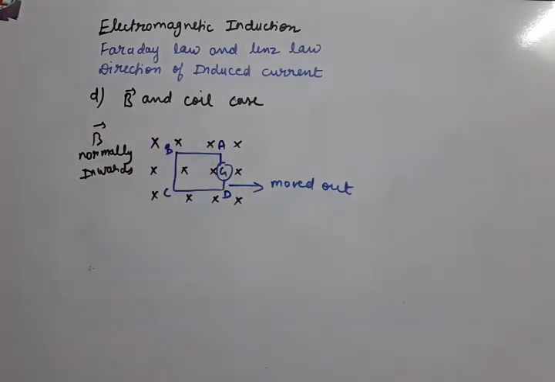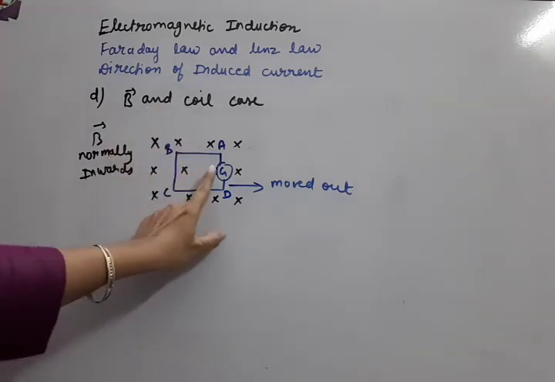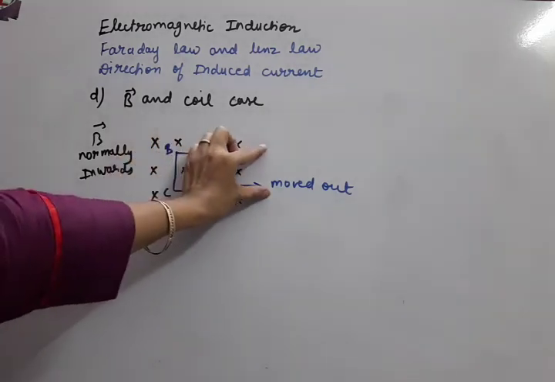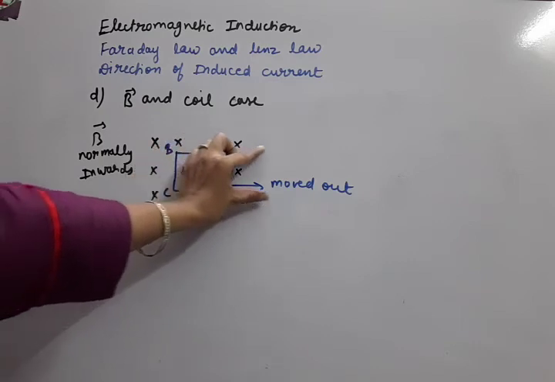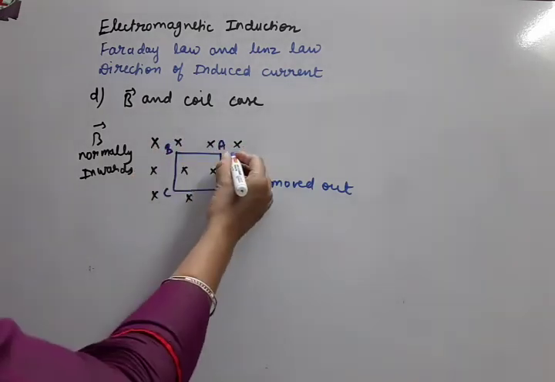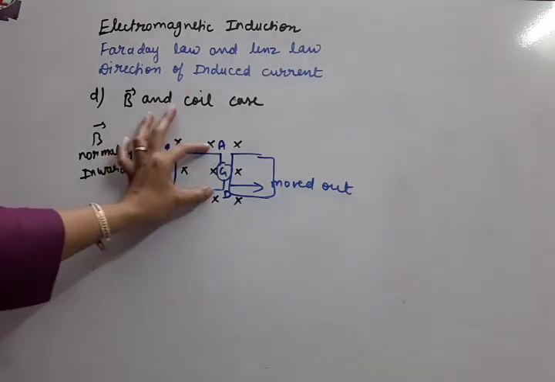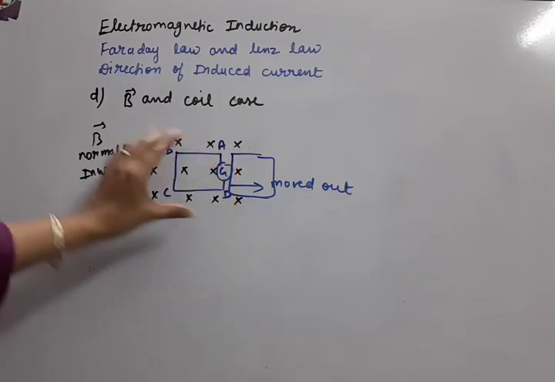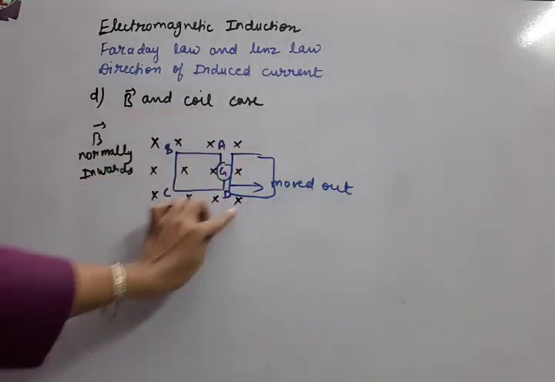If this coil is moved out of the magnetic field, see, it was here, then there are two field lines crossing it. When this coil is almost out, we are moving this coil out like this, you can see only one field line is crossing it. The magnetic field is in this region only.